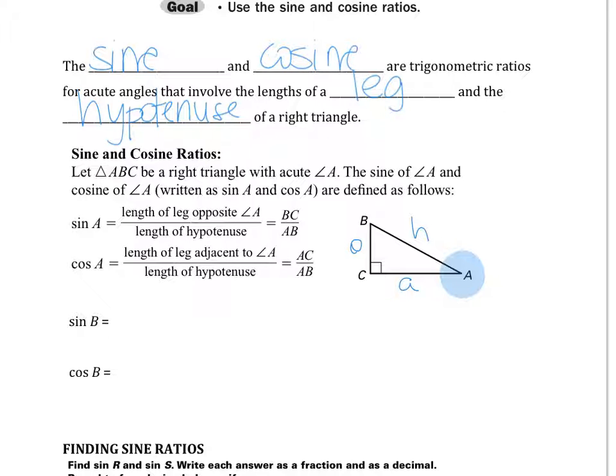So again, the sine is opposite over hypotenuse, and cosine is adjacent over hypotenuse.